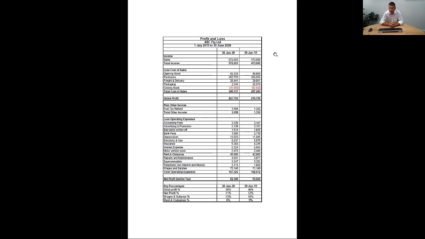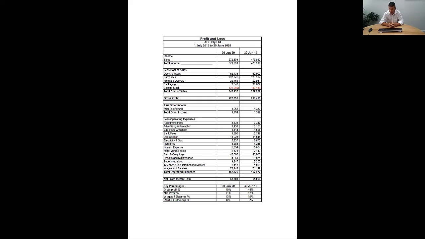This is a profit and loss statement for the period 1 July 2019 to 30th of June 2020. So in this example, you're looking at this year to last year: the 12 months to 30th of June 2020 compared to last year. First thing to note, once again, it covers a period of time. With modern accounting systems, you can just go in and change the date ranges you want to compare. But it's a period of time, showing what activities happened in that business.